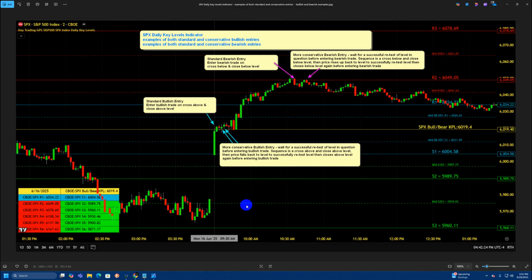And then your standard stop loss on an S2 level bullish entry is the first midpoint level below S2, which is mid S2, S3, and then your tight stop loss level on a bullish trade taken from the S2 level is your midpoint, the QL below S2.